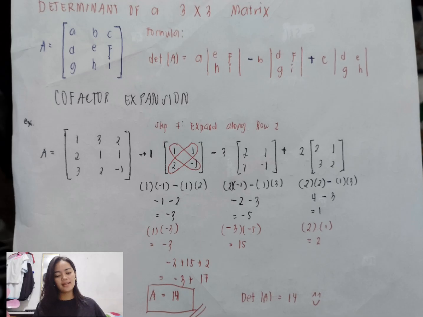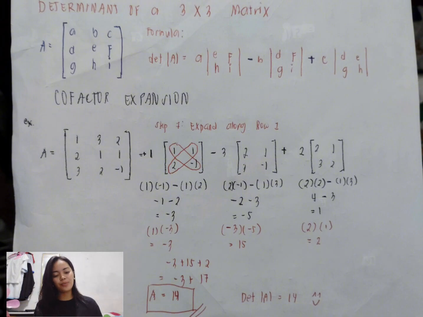We have 1 multiplied by negative 1, minus, and always remember to subtract their product, 1 multiplied by 2. 1 multiplied by negative 1 is negative 1, and 1 multiplied by 2 is 2. Bringing down the subtraction, negative 1 minus 2 is equal to negative 3.